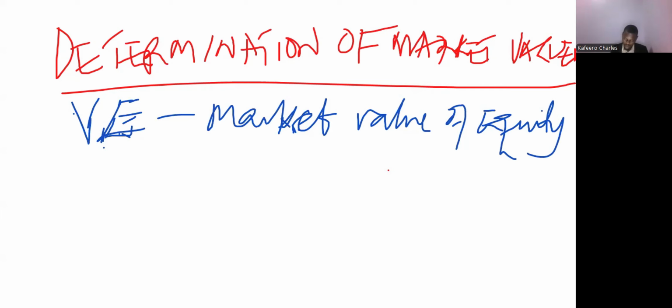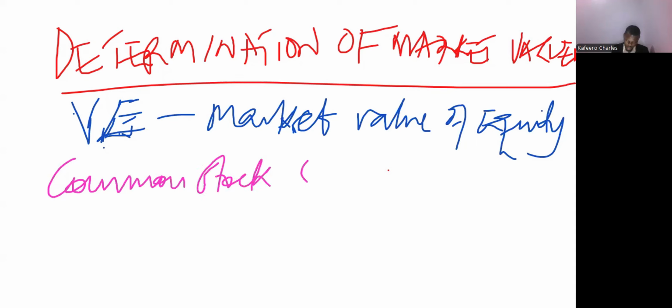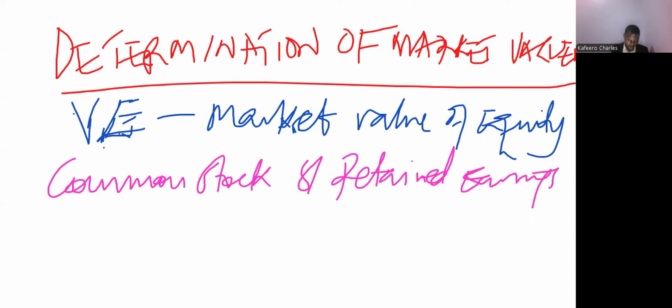And when we talk about equity, we are basically referring to common stock, or ordinary shares, and then the retained earnings. Because the retained earnings is also included in the market price of the ordinary shares.